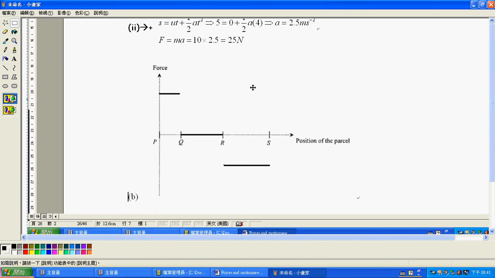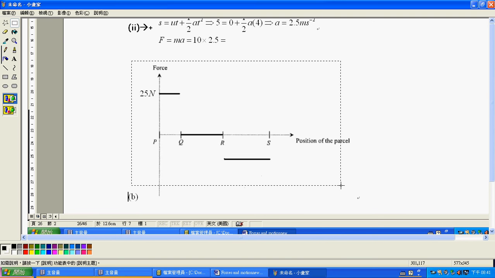So at least we know one value of the force. So it is 25 Newton in the acceleration region, and then in the final part R to S, the magnitude of the deceleration is smaller than the magnitude of the acceleration.